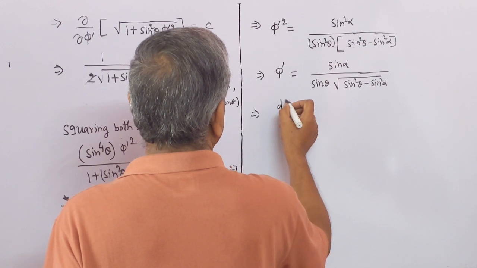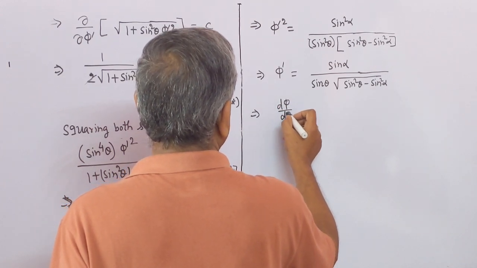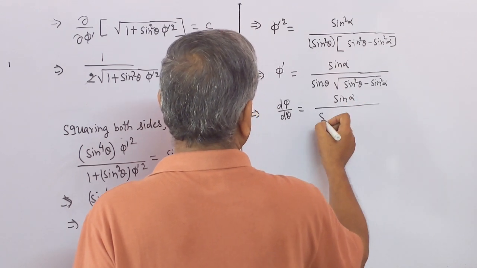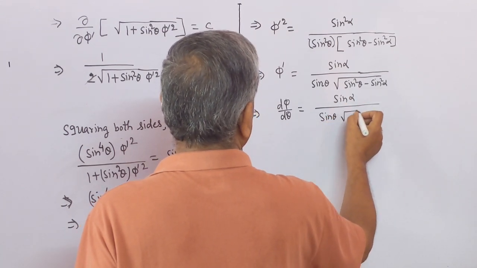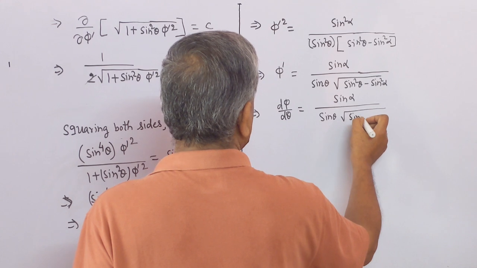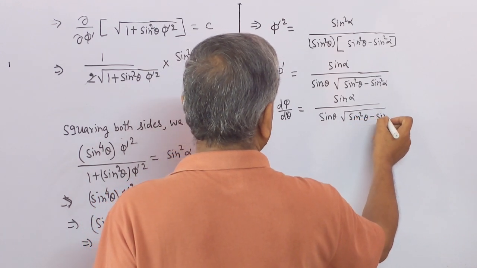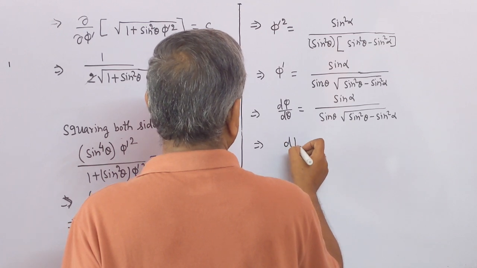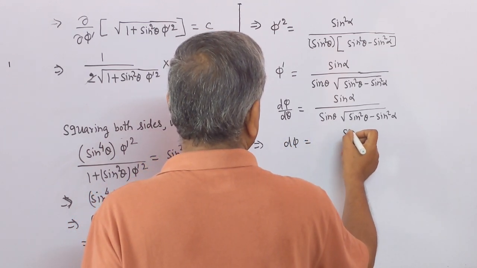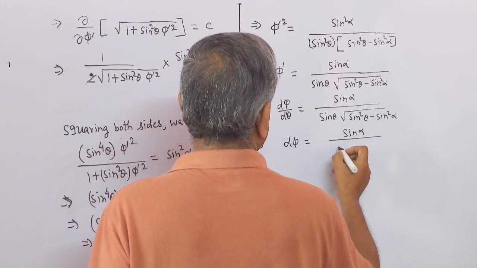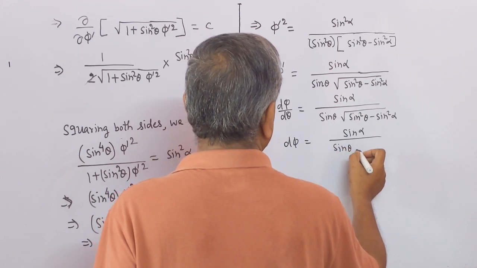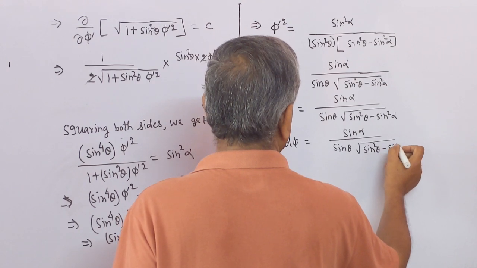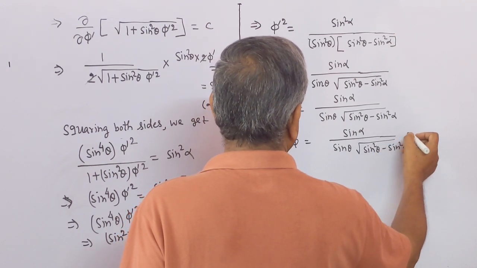Implies that d phi by d theta equal to sin alpha by sin theta square root of sin square theta minus sin square alpha. Implies that d phi equal to sin alpha by sin theta square root of sin square theta minus sin square alpha d theta.